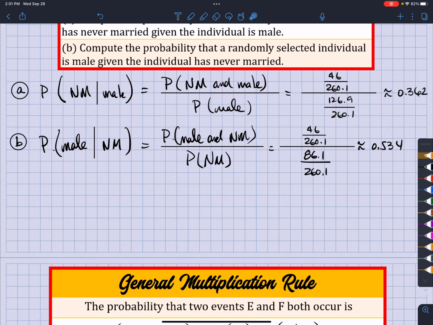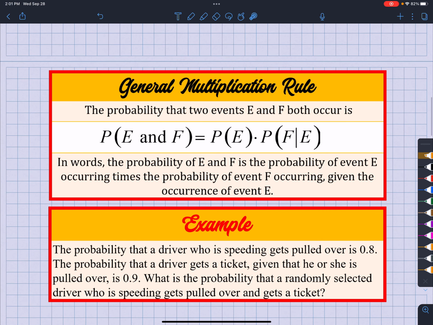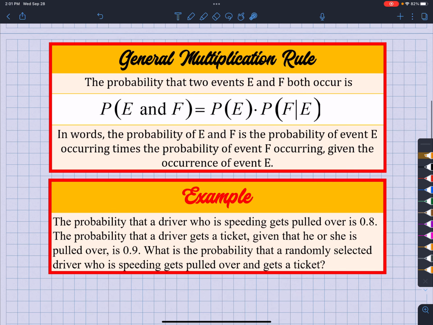All right, to the next example, the general multiplication rule. The probability of two events E and F both occurring is the probability of E times the probability of F given that E has occurred. Okay, let's take a look.